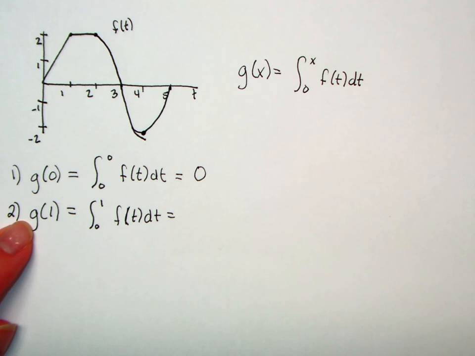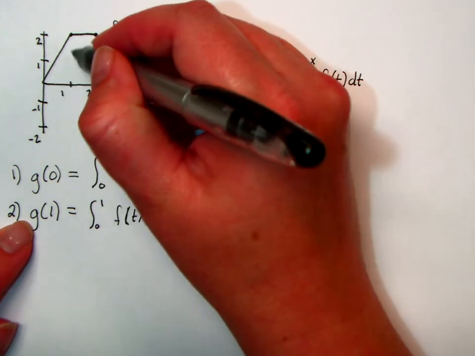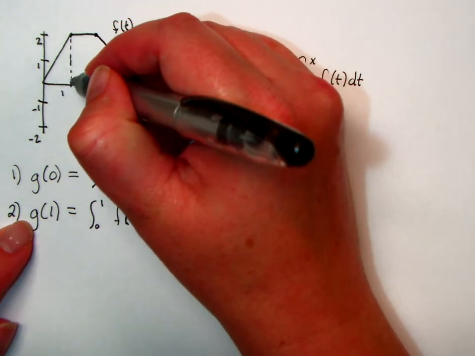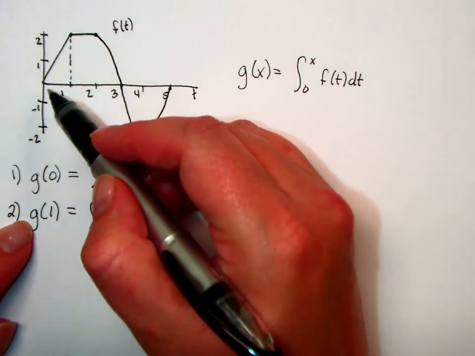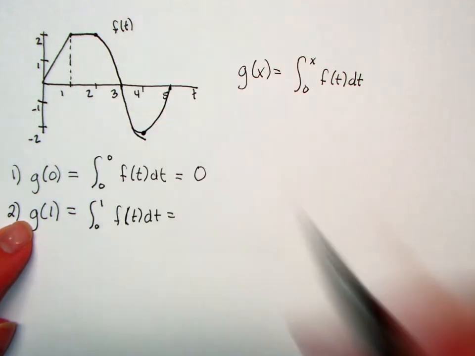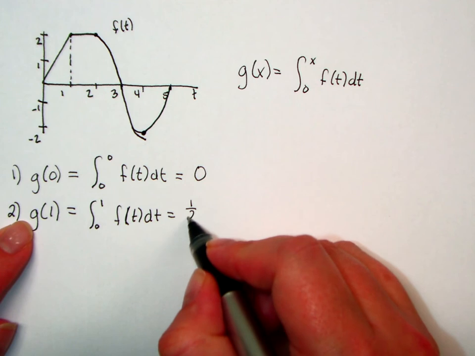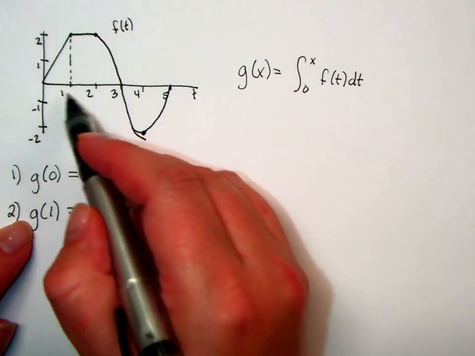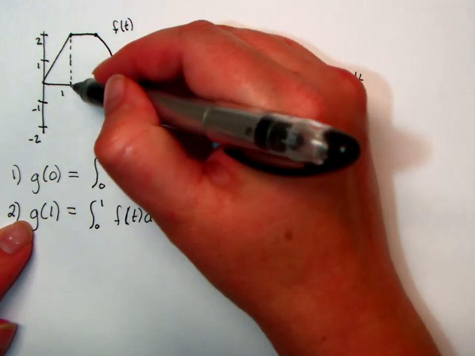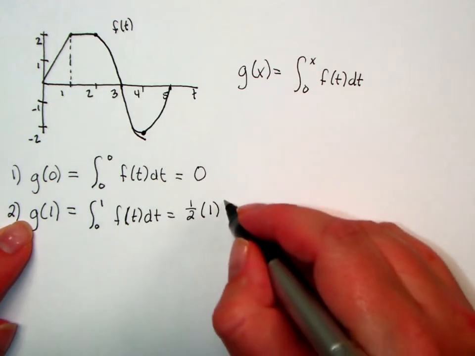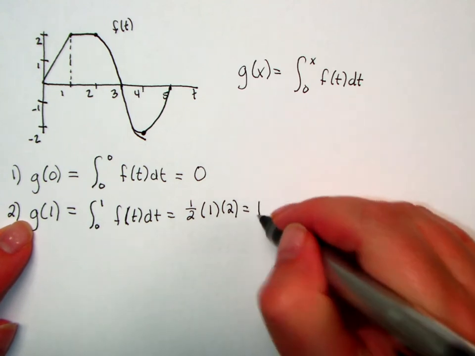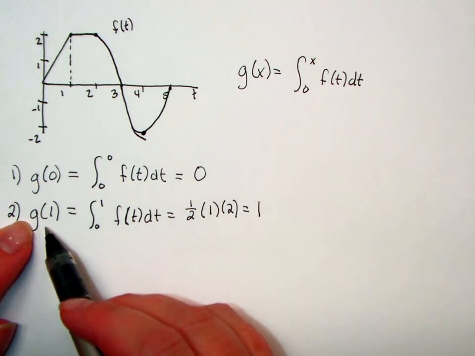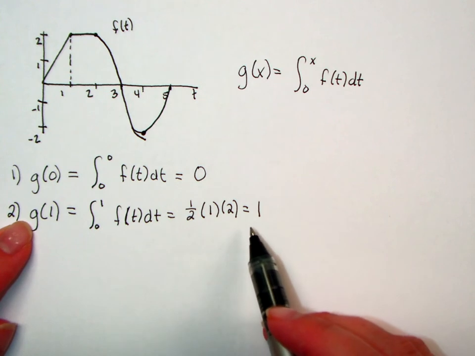From 0 to 1, we're getting the area here, which is a triangle. This area is going to be 1/2 the base times the height. The base of this triangle is 1 and the height is 2, so we get 1/2 of 2, which is 1. So the area from 0 to 1 is 1.